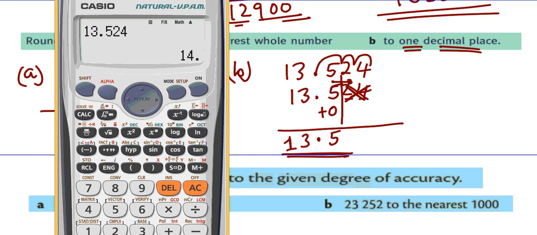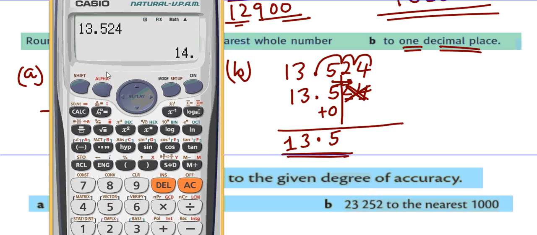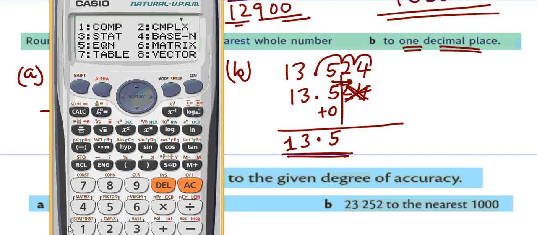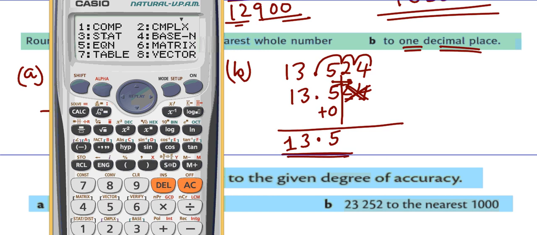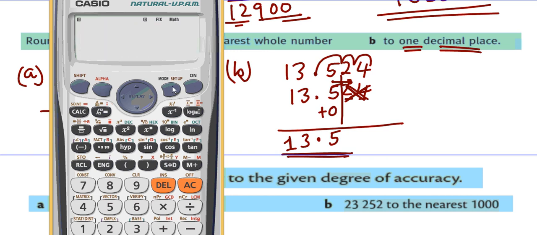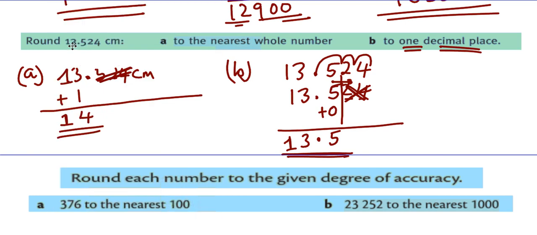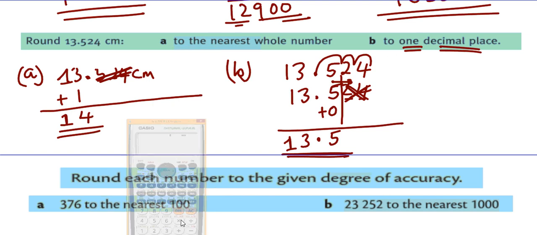All right, let us remove the fix option on the calculator. Okay, now let us round this number, 13.524, to one decimal place using a calculator.